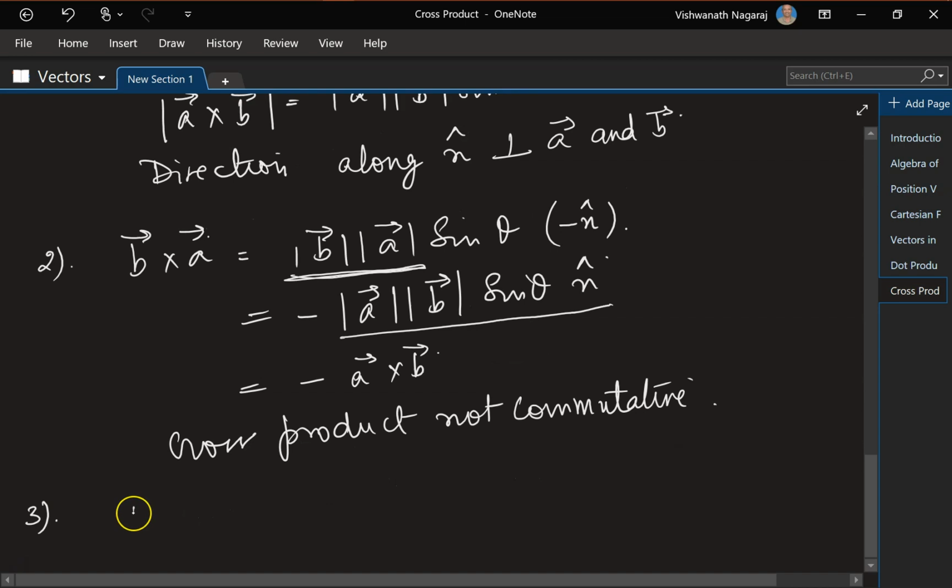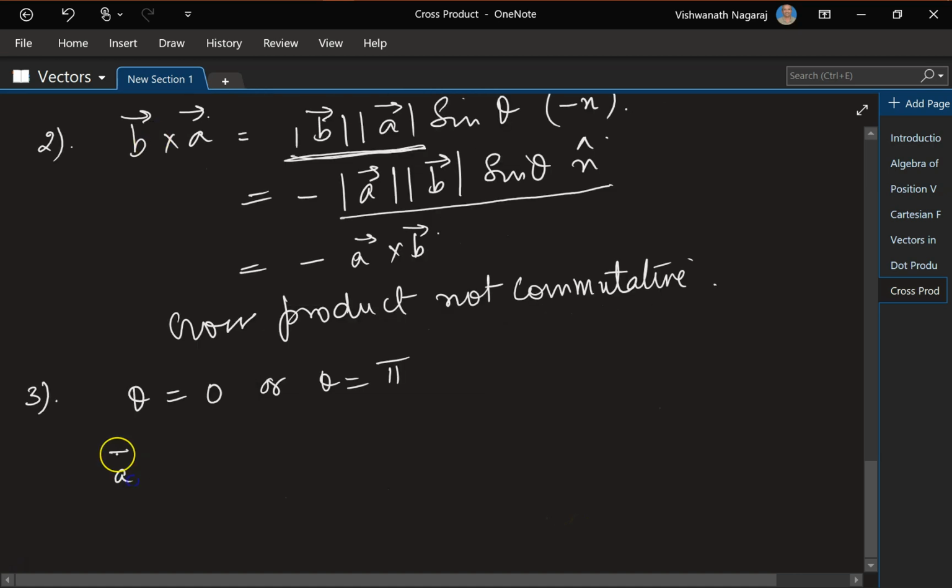Now if theta is equal to 0 or theta is equal to pi, that means both the vectors are collinear. So A cross B would become what? If it is 0, it will become magnitude of A, magnitude of B, sine 0. Sine 0 is 0, so the whole thing will become 0.